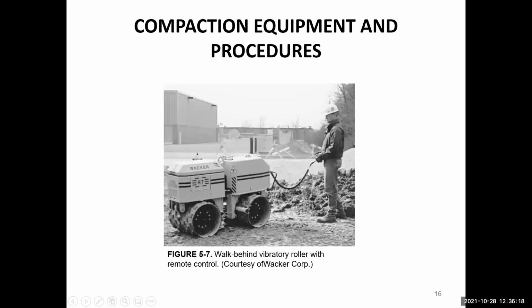In this case, this compactor is being controlled by a controller. So the operator can walk behind that roller, but the operator does not have to push that roller. The operator just has to control it by the remote control.